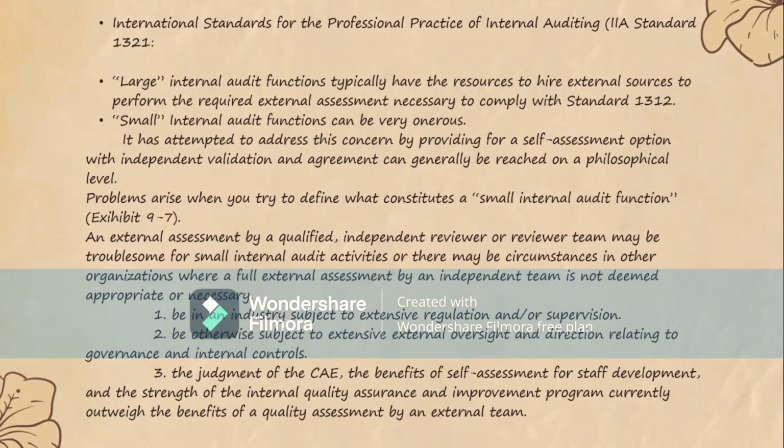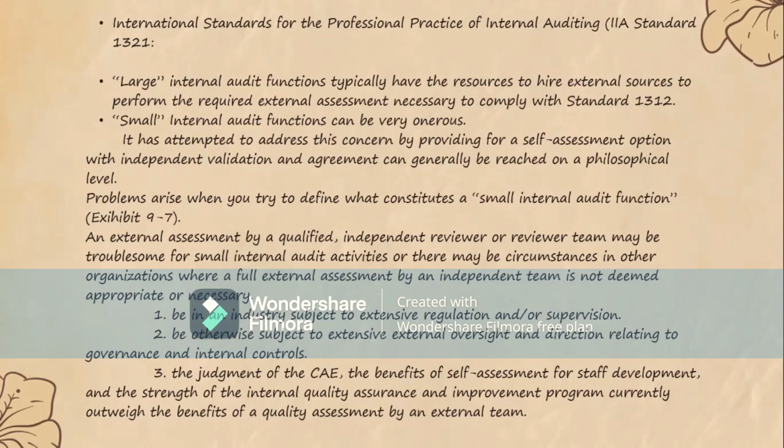So, these are the cases where an independent team is not deemed appropriate or necessary for a small internal audit function. One, being in an industry subject to extensive regulation or supervision. A small internal audit function is not really big enough for extensive regulation or supervision, because it is very small.